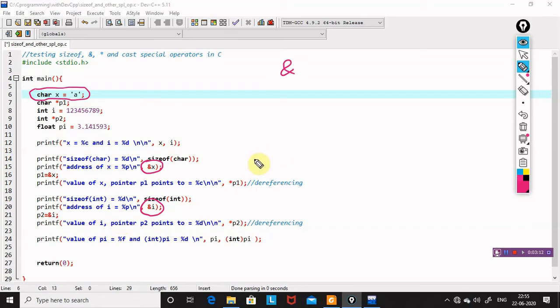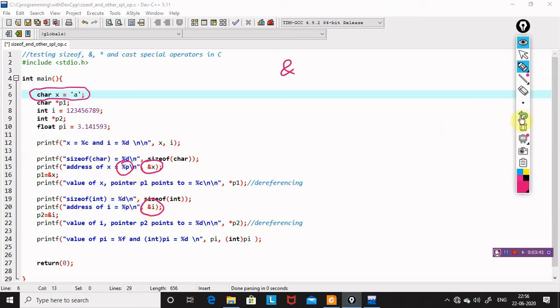Now the address of that memory space or memory location is returned when we invoke ampersand x, and that is printed over here. As you can see, the format specifier used is %p, because when we want to print addresses, the addresses are hexadecimal addresses, and it's a convention to use the format specifier %p.